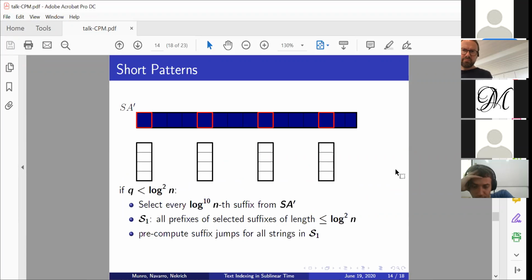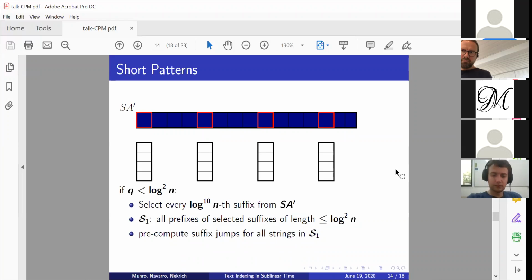We'll again look at the area SA prime and select some suffixes in this area. So the suffixes are shown with these red squares. Let's say we select one suffix out of log to the power of 10 n. And then we'll look at all possible prefixes of these suffixes of lengths up to log squared n.